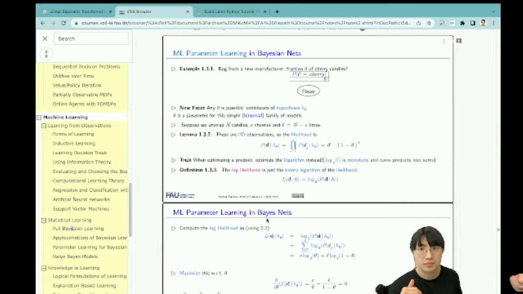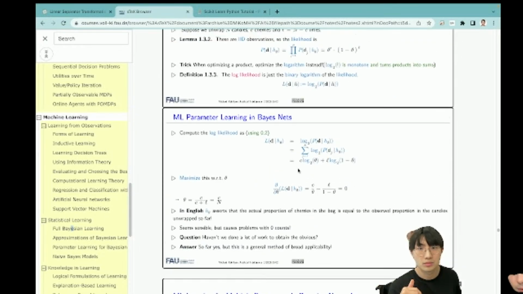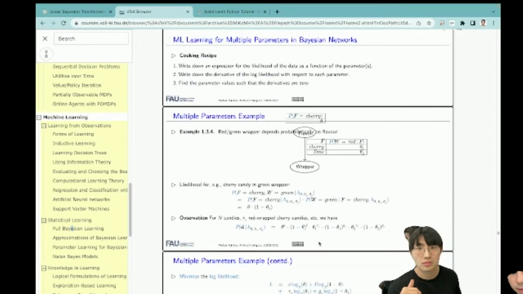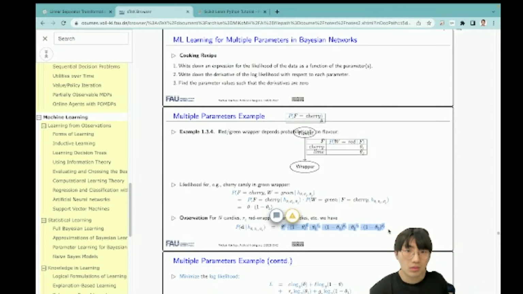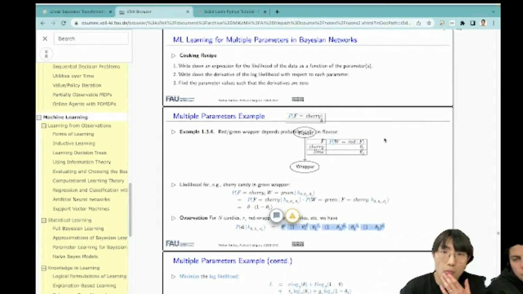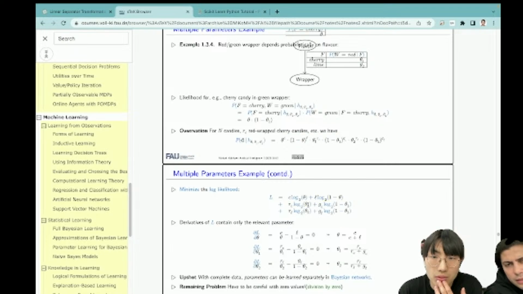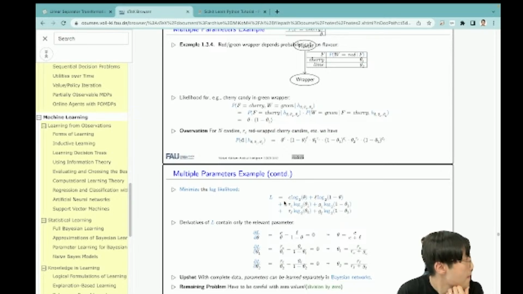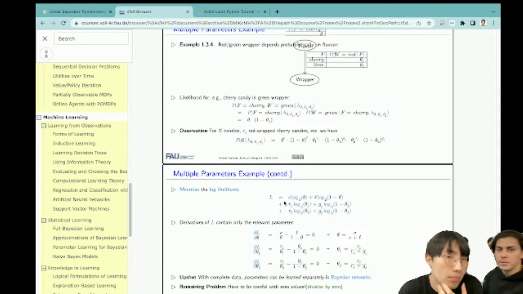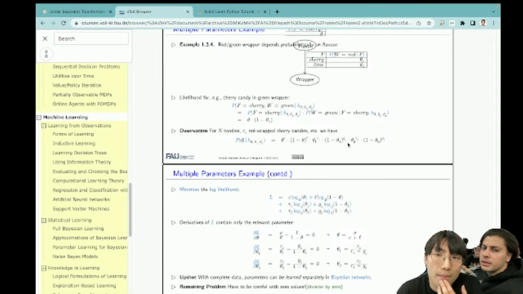This is the equation that you need. Something like this. And then scroll down. This is how we calculate the likelihood. You do the likelihood and then take the derivative with respect to theta 1, theta 2, theta 3, theta 4, theta 5. Then you have those values in terms of the hyperparameters that you have already. Then you go back, plug in those values, and then you have your formula.